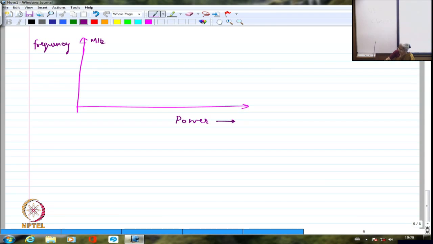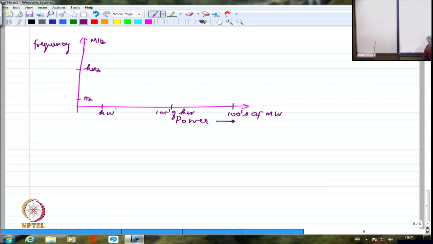Somewhere here let me write kilohertz and somewhere here hertz. Right? And similarly let me write maybe hundreds of megawatt. Maybe I should say hundreds of kilowatt. This is just a few kilowatt.